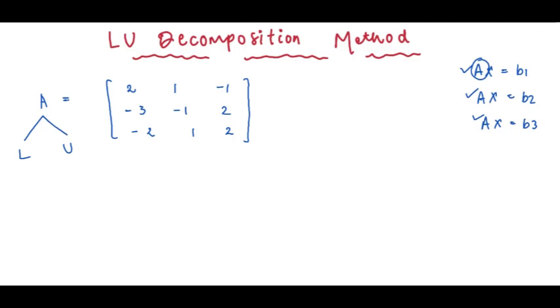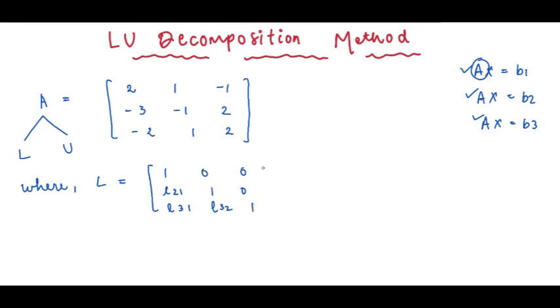Now, before learning LU decomposition, we must understand two special matrices. First, the lower triangular matrix, a matrix in which all the entries above the main diagonal are 0. That is, L equals 1, 0, 0, L21, 1, 0, L31, L32, 1.